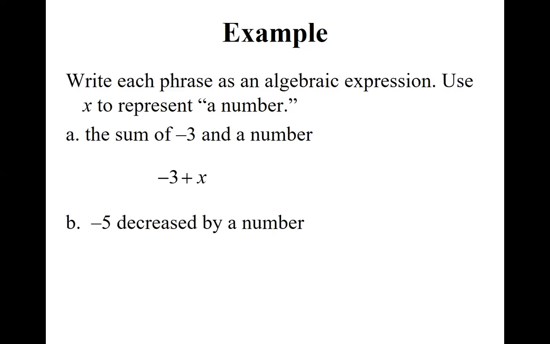Negative 5 decreased by a number. Well, if we're decreasing something by a number, we are subtracting a number from it. Starting with negative 5 and subtracting x. Negative 5 minus x.